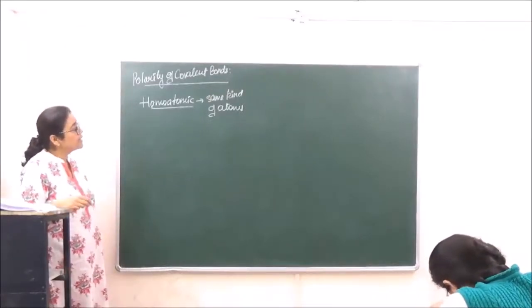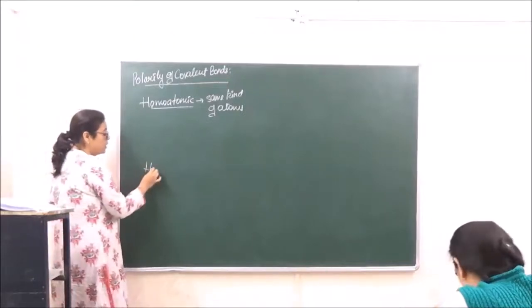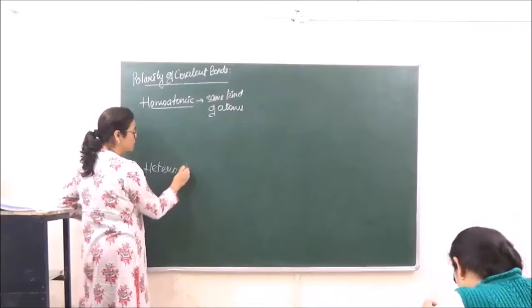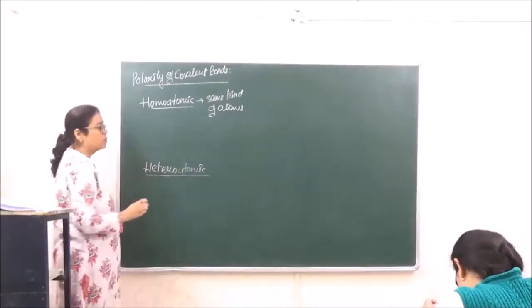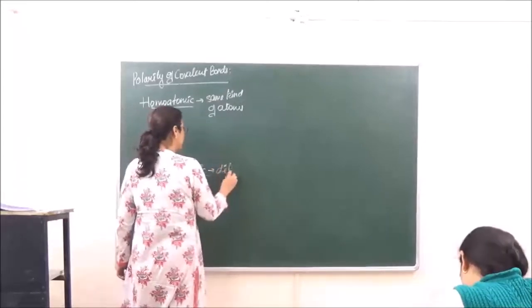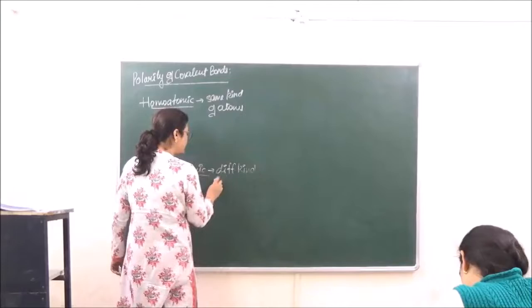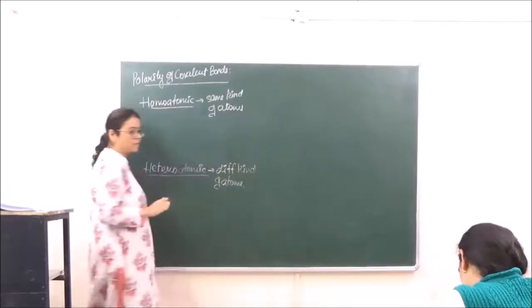Now, the other type of molecules which we are going to discuss over here, they are known as what? Heteroatomic molecules. Heteroatomic molecules are those which have different kind of atoms. ठीक है?